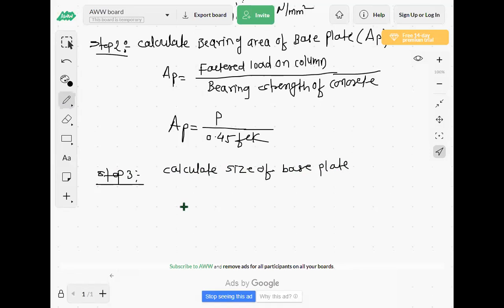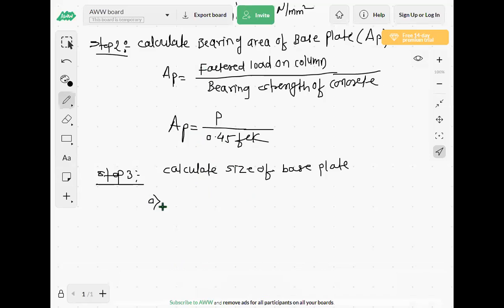We got the area of the plate. Now we have to calculate the size, length and width, as we have seen in the above figure: LP, the length of plate, and BP, the width of plate, shown in the figure. So for that we have to calculate.